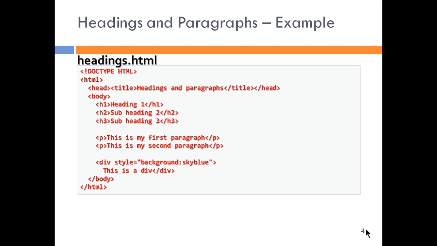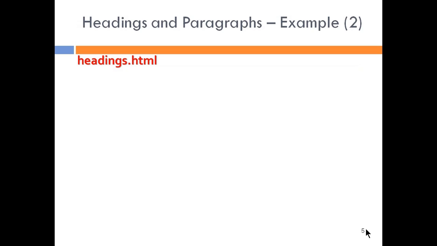So this tag is closed, and in between we write the text, this is a division, and the division tag closed. Then body closed and HTML closed. Hope all of you have understood this. Then we will move to the next, headings and paragraph.